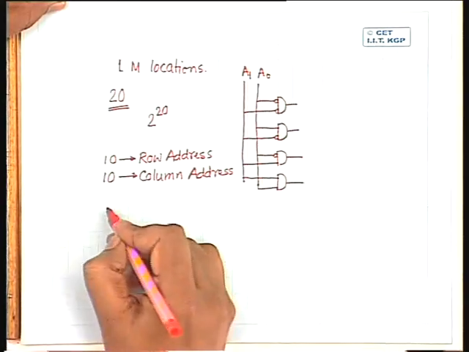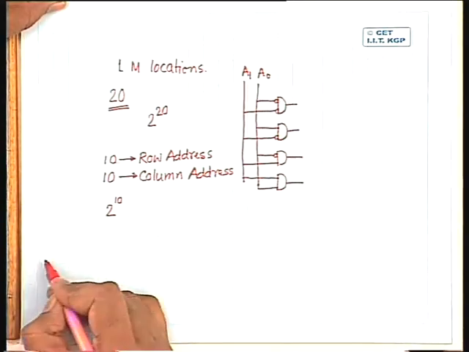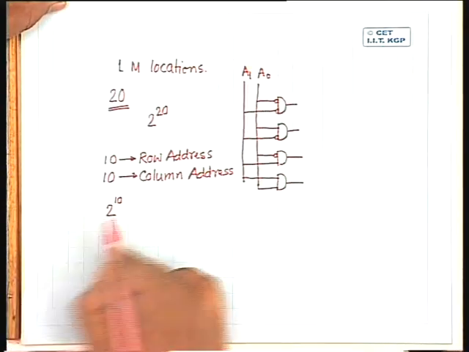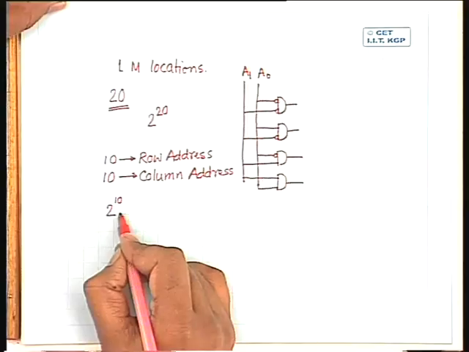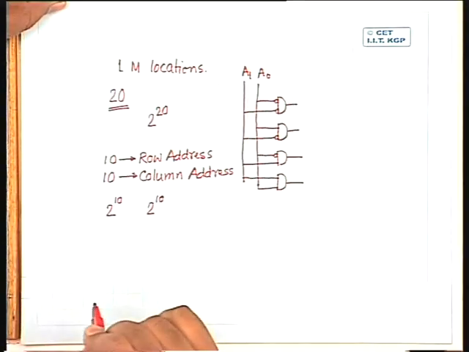For the row address decoder, I need 2 to the power 10 AND gates. Each AND gate will have 10 input lines. For the column address decoder, I need again 2 to the power 10 AND gates, each with 10 inputs.